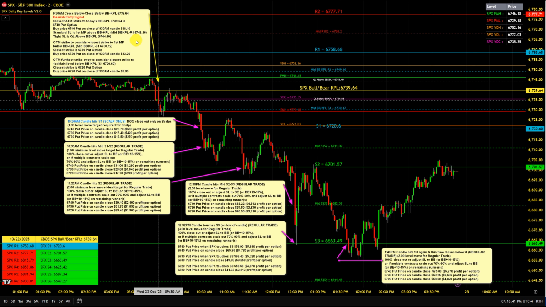Now, you can also use 1 DTE options, which means 1 day to expiration, while using this indicator, if that's your preference over 0 DTE. 1 DTE options will cost you more because there is a time value.